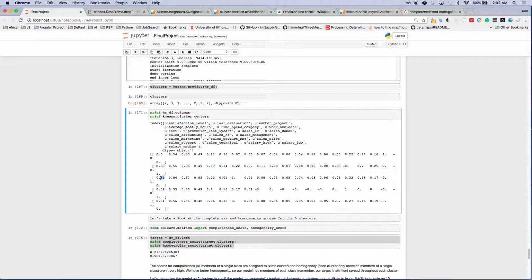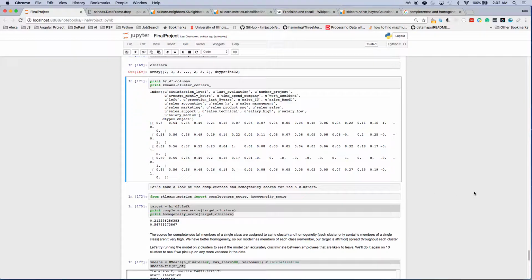So that was kind of a drop off. And I saw that the 39% group looked like they had been involved in a work accident, whereas the other groups had not. But there was not a lot of variance between other attributes in these clusters.